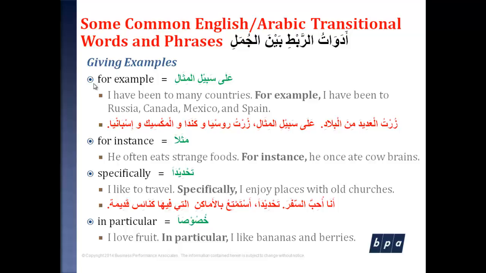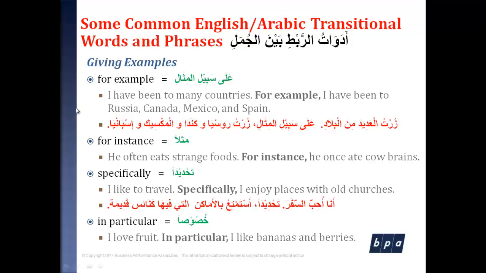For this class of transitional phrases, we will be giving the meaning. For example, على سبيل المثال. For instance, مثلا. Specifically, تحديدا, in particular, خصوصا.